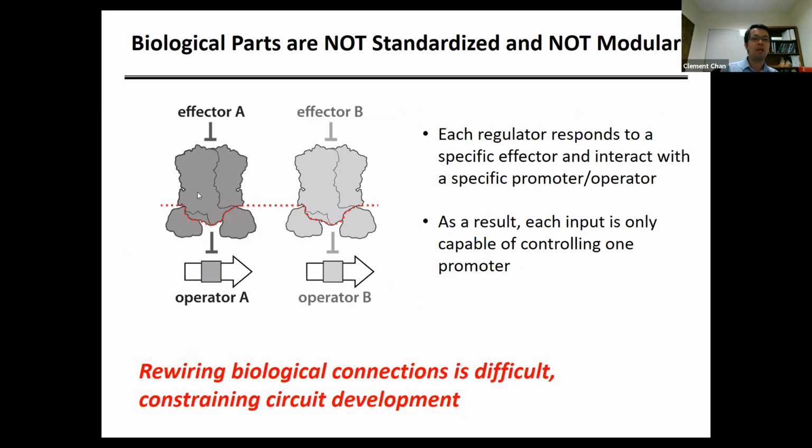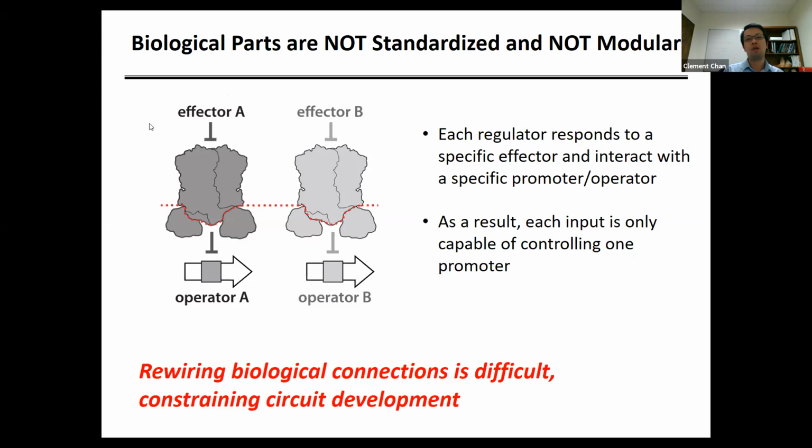So regulator A controls gene expression driven by promoter A in response to small molecule A as an inducer. And regulator B here controls gene expression driven by promoter B and responds to small molecule B as an inducer. So by using these two regulators, we can control gene expression driven by promoter A by using small molecule A. And then we can also connect small molecule B or effector B to promoter B. But these connections are rigid and we cannot change them.